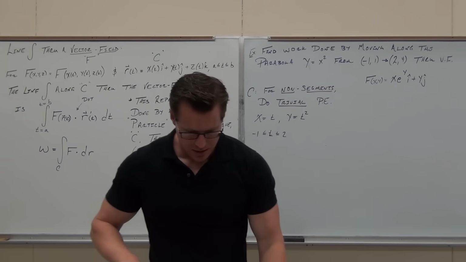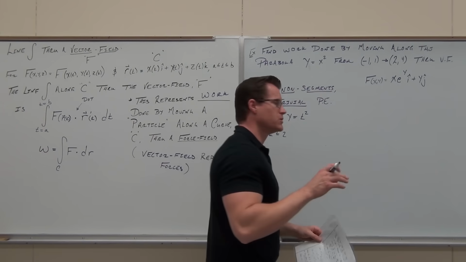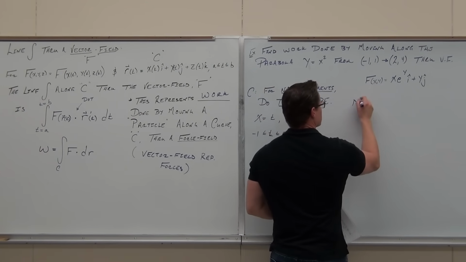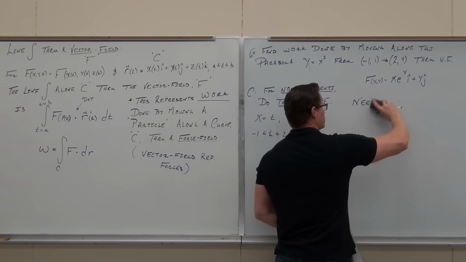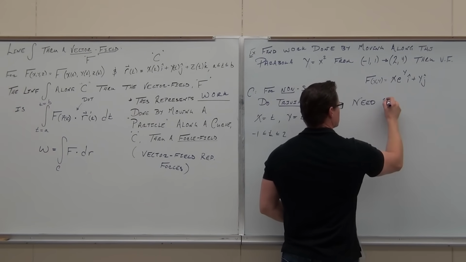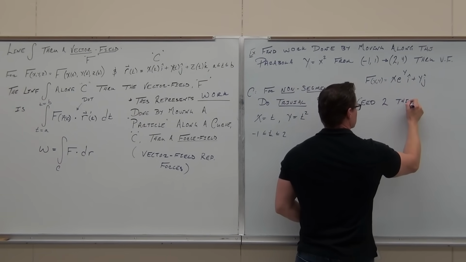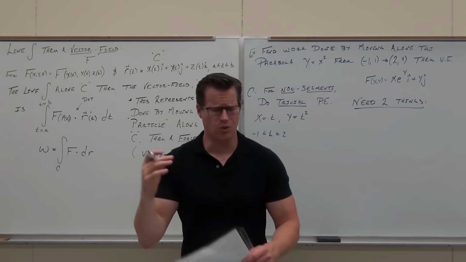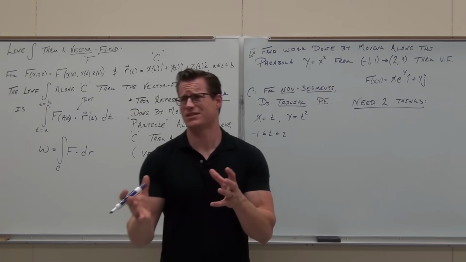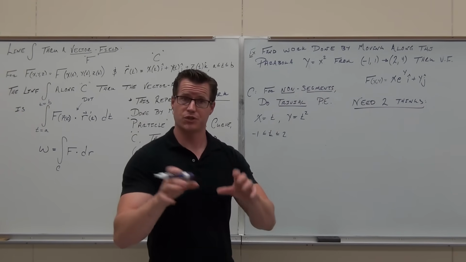That's nice. Now, we need two things. We need two things for this to work. There's only two things. It's really easy to do. Just don't lose it. Here's what you do.